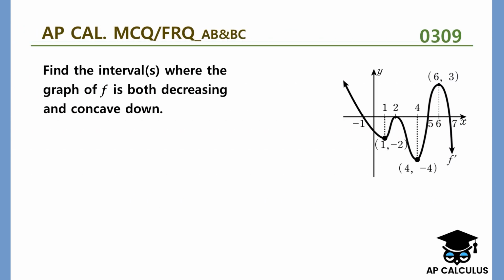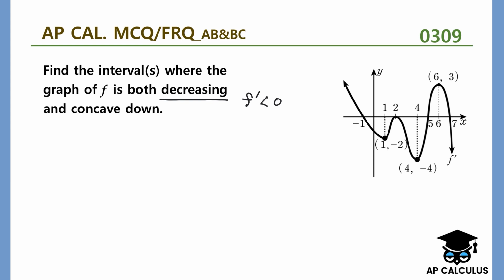Question 309. Find the intervals where the graph of f is both decreasing and concave down. The graph of f is decreasing when f prime, the slope of tangent line of the graph of f, is negative, right?